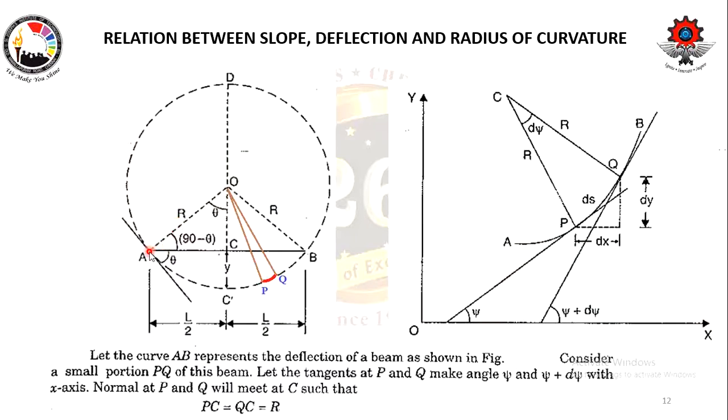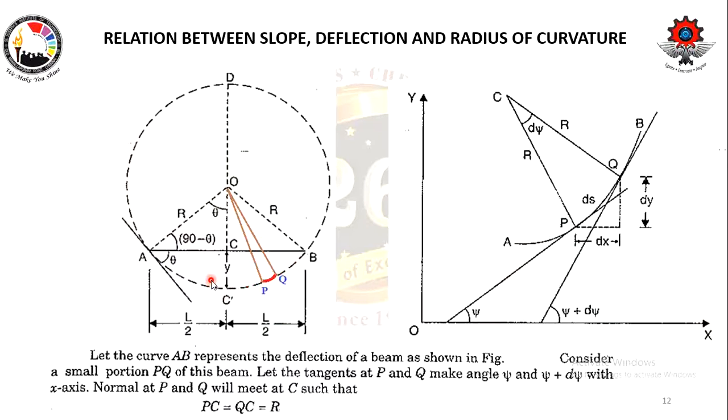The radius of curvature is R, that is, if you extend a line from point A and point B, it will meet at a single point O. This OA and OB is called the radius of curvature for this deflected beam.